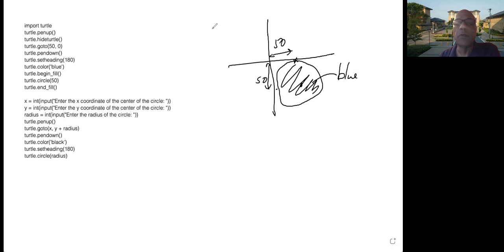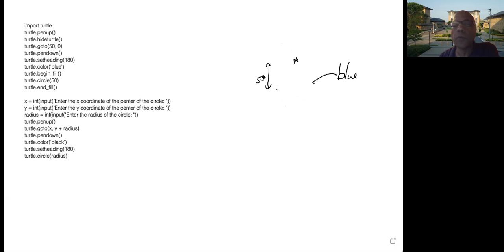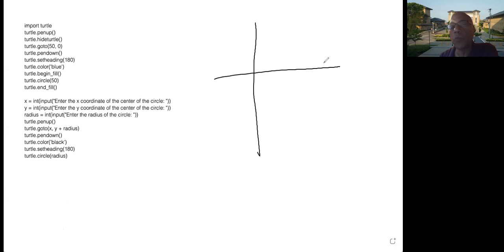And then we wanted a circle wherever the user specified. Let's wait on that. Let's just see how to draw this circle. So you want the center to be at 50, minus 50. Let's see how to do that. So we want a circle centered at this point.